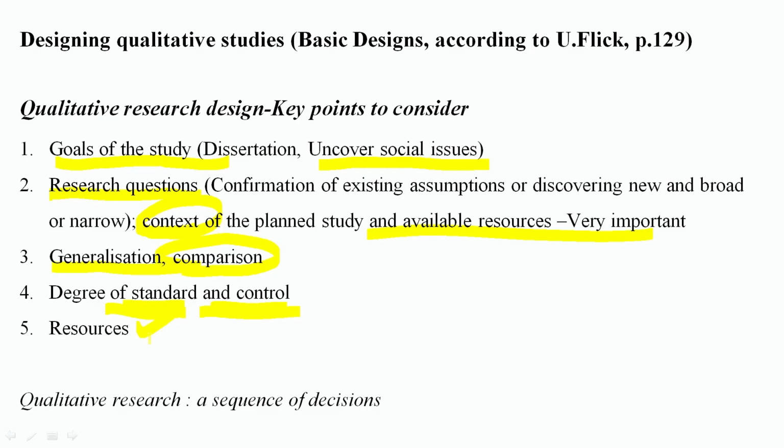So qualitative research design is simple, but at the same time it needs your involvement, and right away it starts from setting your research goals, and second is research questions, and the purpose is to generalize or compare a scenario, and the degree of standard and control that you want to exercise, and finally what resources are available at your end.